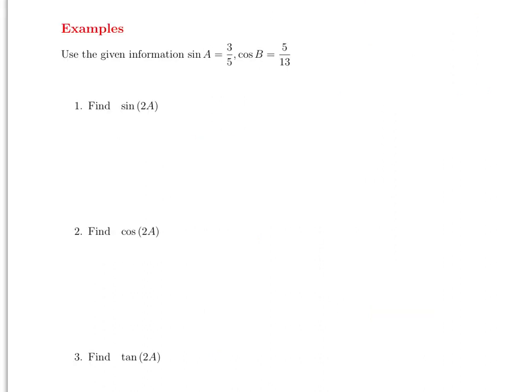All right, so now let's do a slightly different problem. Here you have sine A, so let's do a triangle for that one. If this is A, sine of A is 3/5, so by the Pythagorean theorem, this has to be 4.